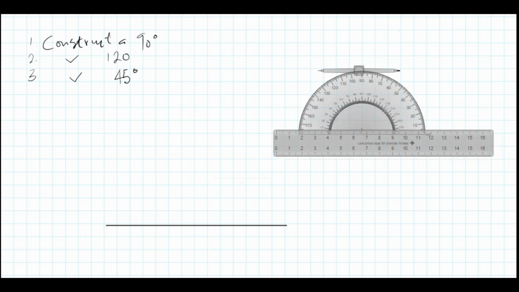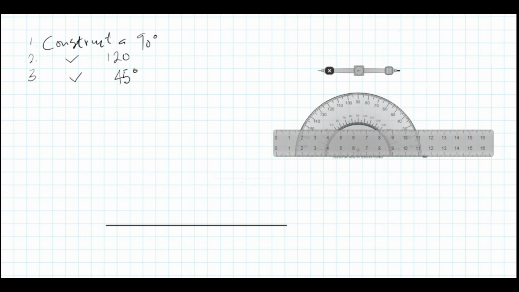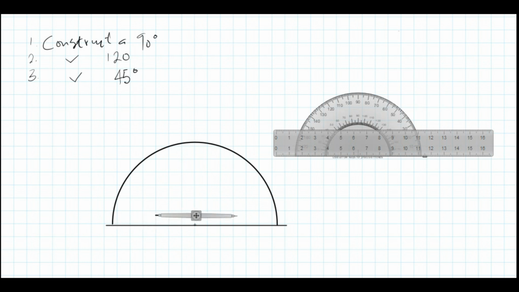So we assume this is the middle of the line. We stand there. Then we draw our semicircle, like that.